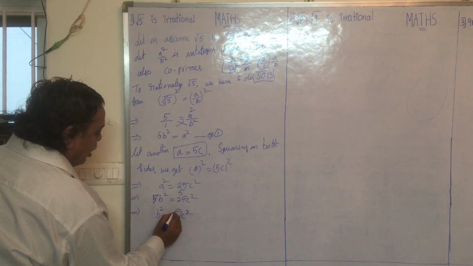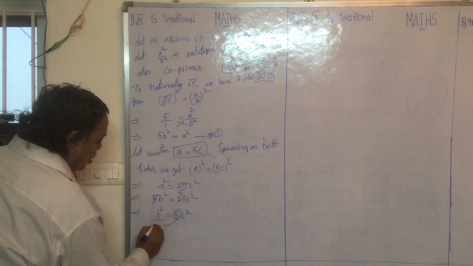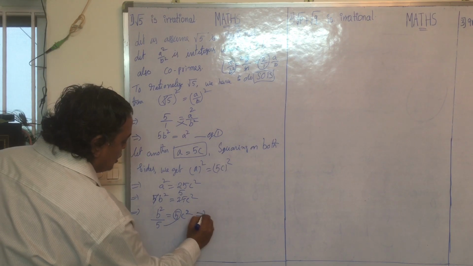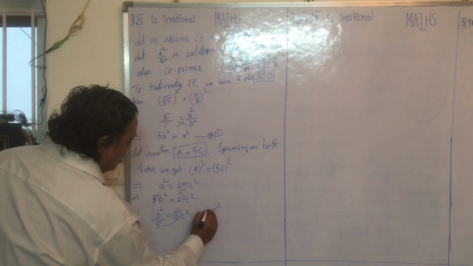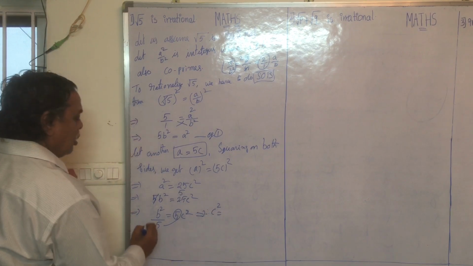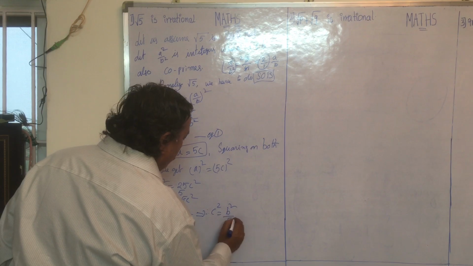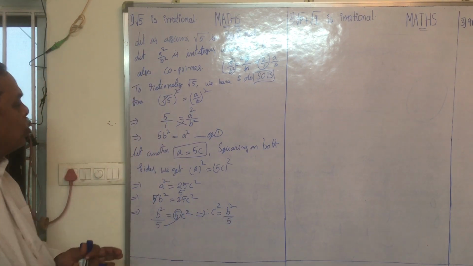Then this 5 will come this side and divide. Therefore c square is equal to b square by 5.